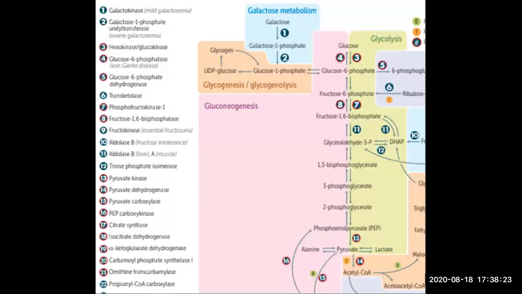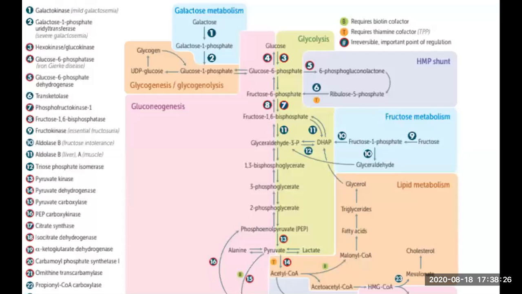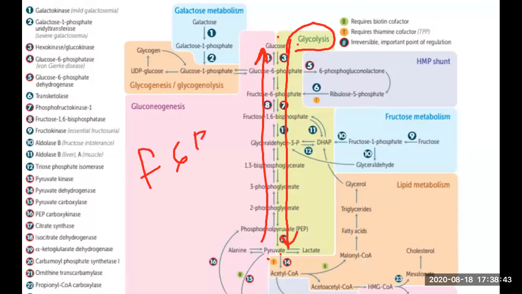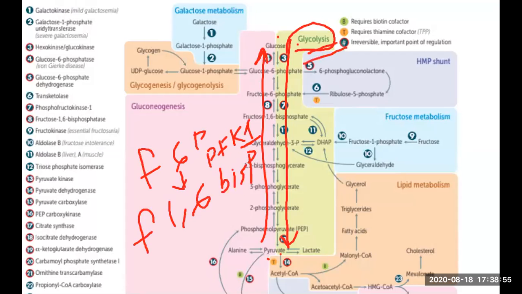In the same cycle, you're converting glucose to pyruvate and pyruvate to glucose. While dealing with glycolysis, you are converting fructose 6-phosphate into fructose 1,6-bisphosphate, and the enzyme is PFK1.